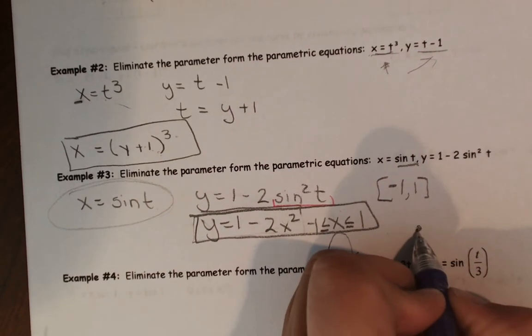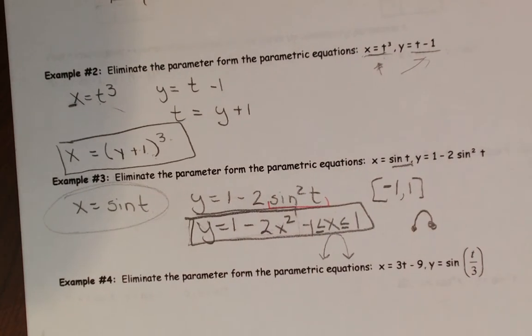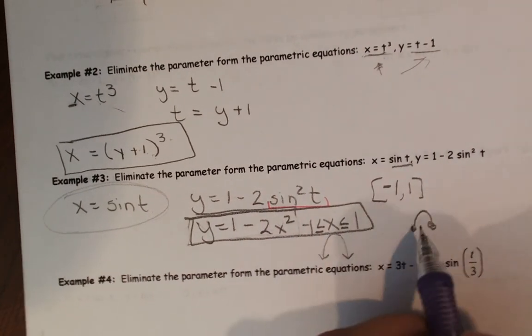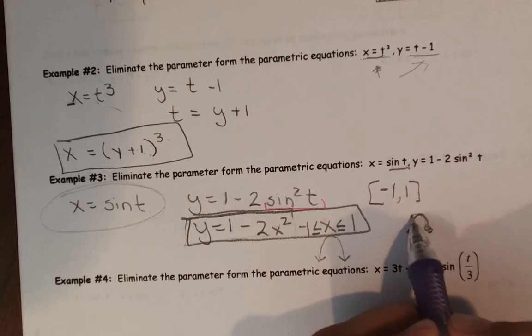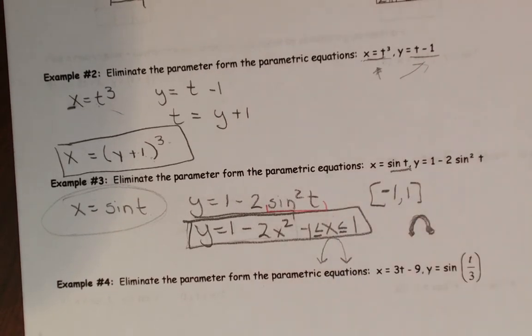Now that will give me that parabola that looks like that. It doesn't really have a starting and stopping point, it's just going to go back and forth and back and forth. Okay.